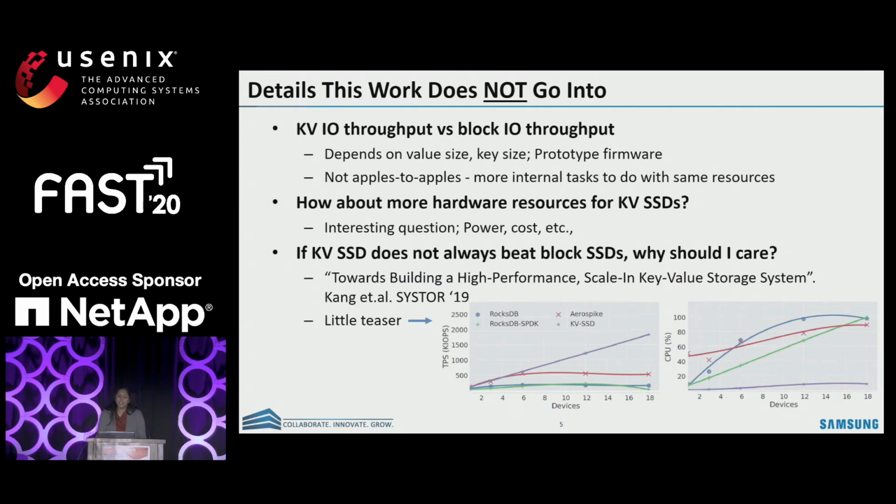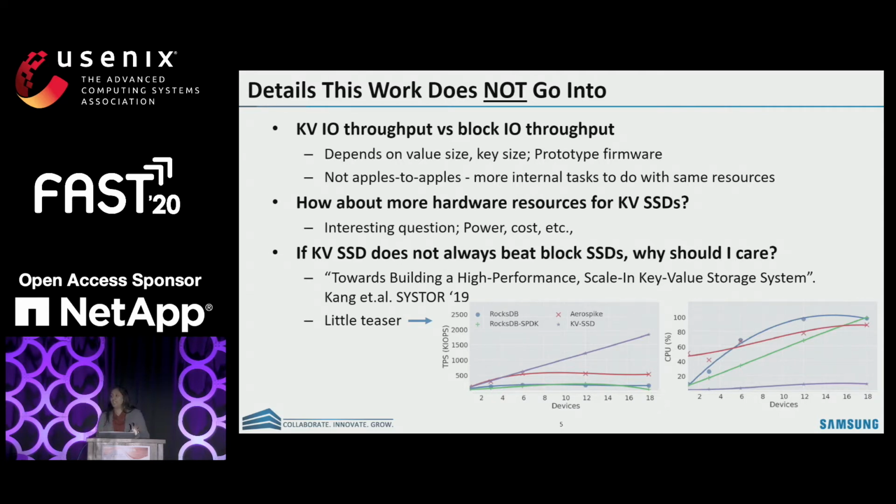First, what I'll not be going into in this work is KV IO throughput versus block IO throughput. That's not what we are comparing here, because it's not an apples to apples comparison. There are more internal tasks to do with the same resources, and KV IO throughput depends on the value sizes, the key sizes, and the prototype firmware.